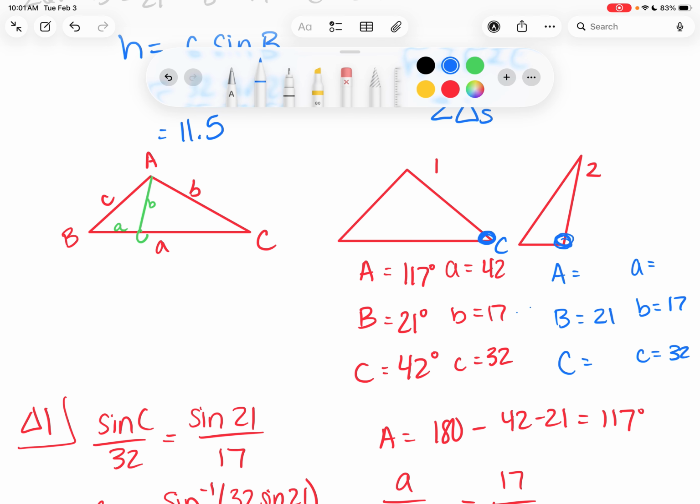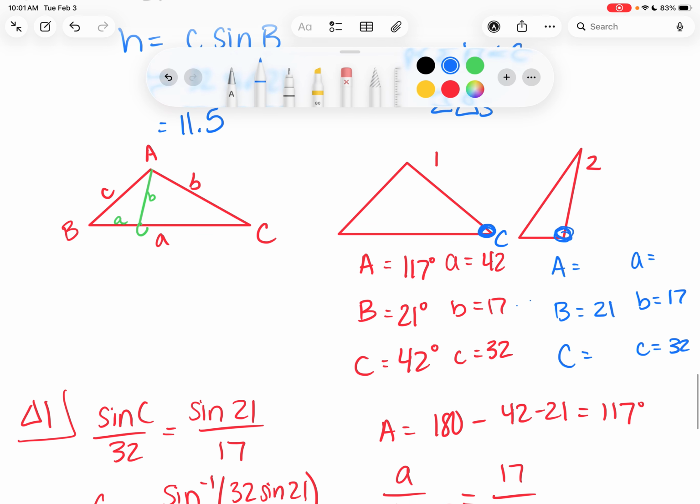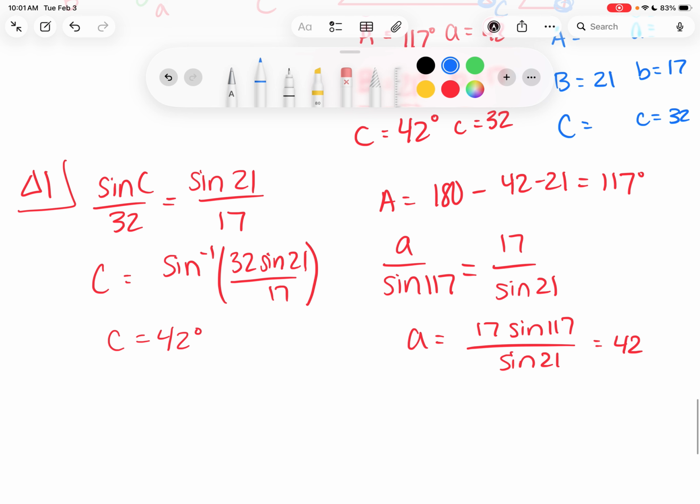To find triangle 2, I'm going to switch colors here. Angle C, the bottom right angle, is what we're finding now. It's 180 minus the, I usually say acute angle, but we're just going to say whatever angle C was from triangle 1.